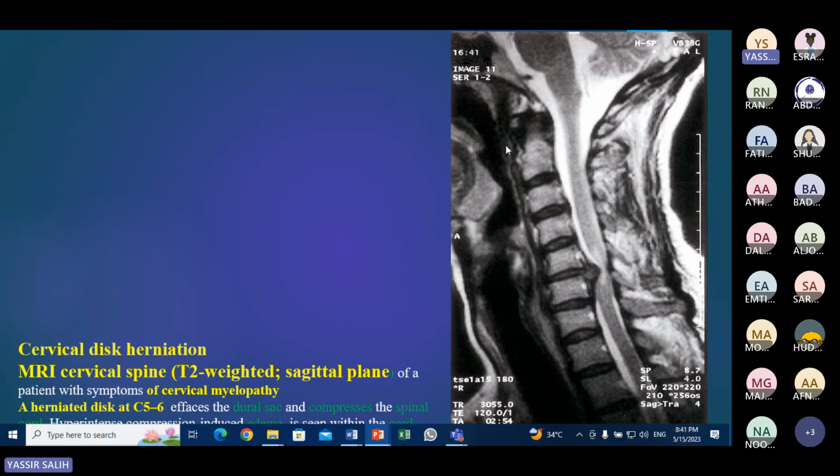What is this exam or this study? Plain X-ray. MRI. T1 or T2? T2. Of which part? MRI of what?